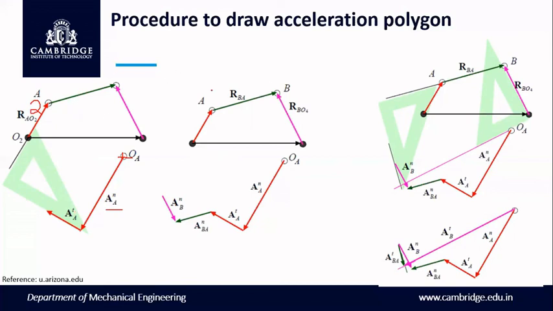Then move on to link 3. For link 3, we will know the normal or radial component, which is parallel to link 3.